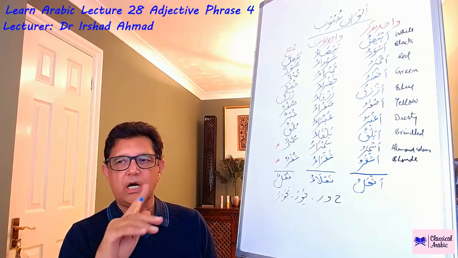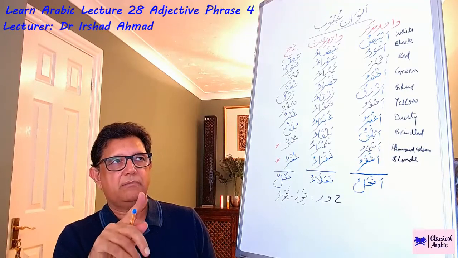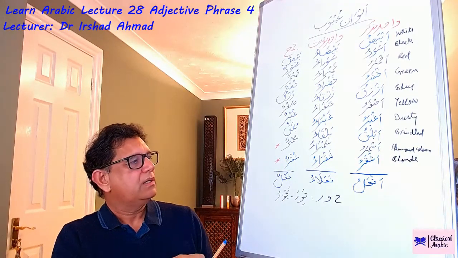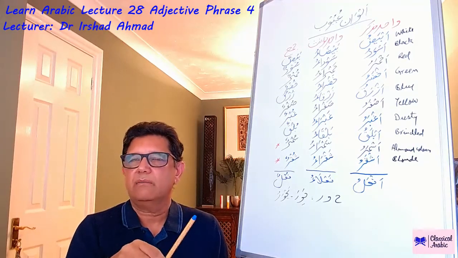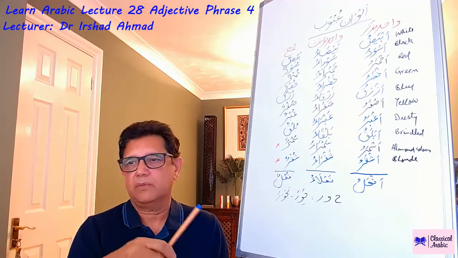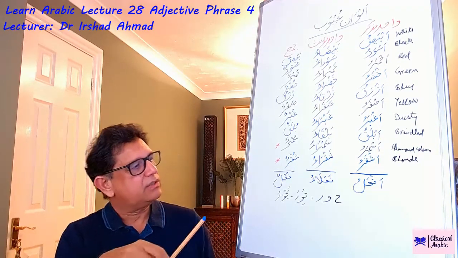So there is a sharp contrast between the black and white part of an eye. So that was the kind of eye which used to be considered beautiful in Arabic. That probably is still the case, I'm not sure.